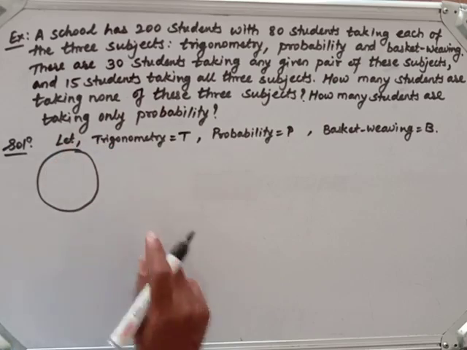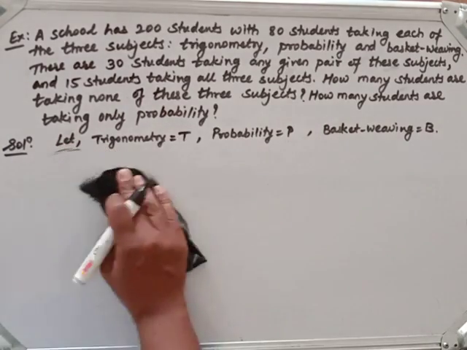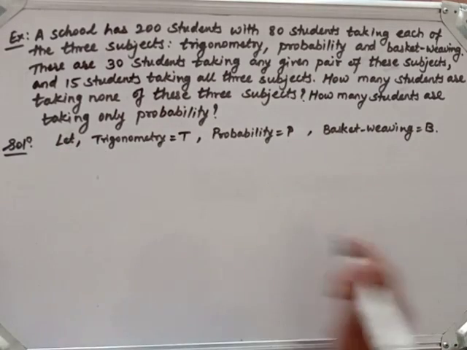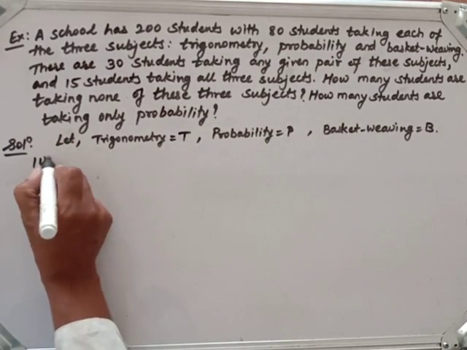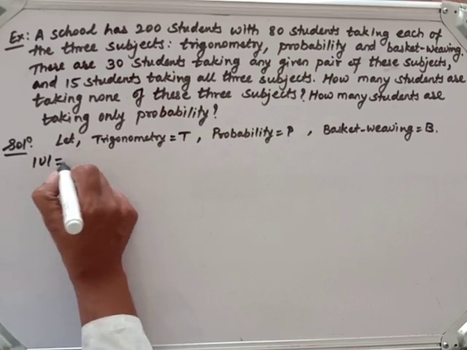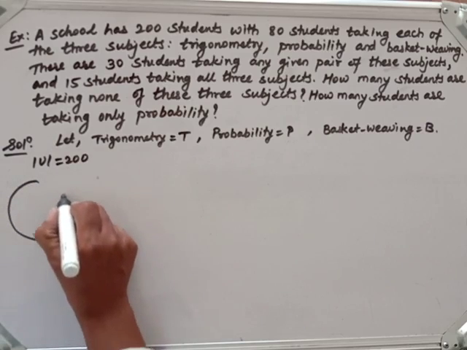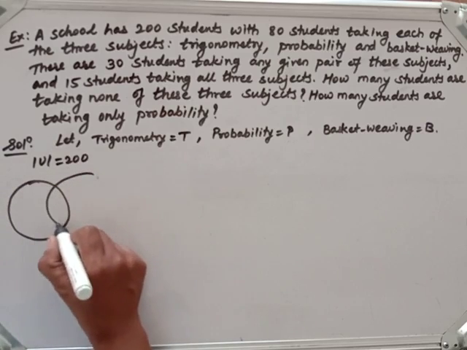One more thing is given: the total number of students in the school is 200, so let U be 200, the universal set. Now let us draw the Venn diagram for this.